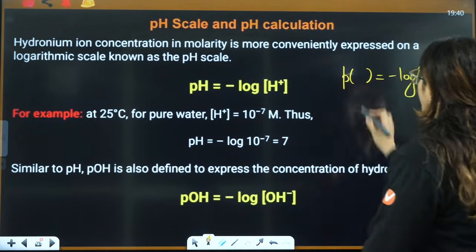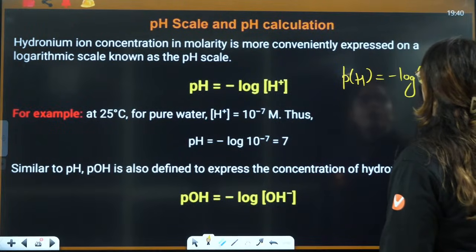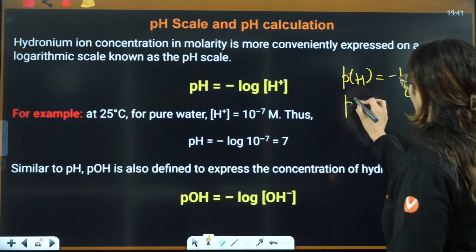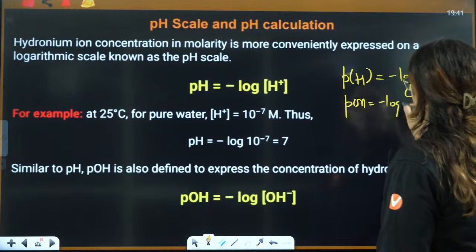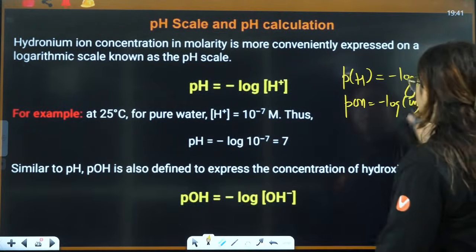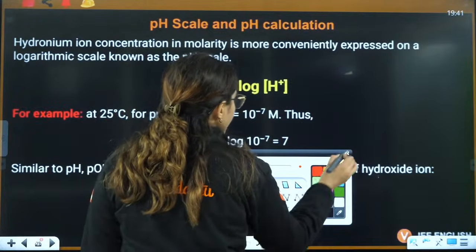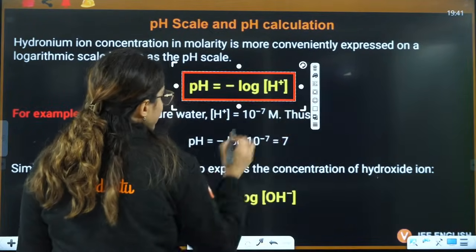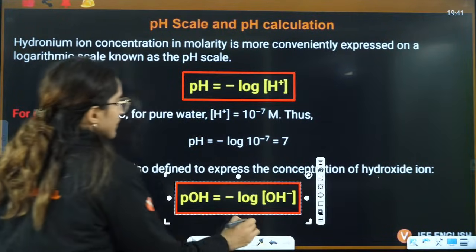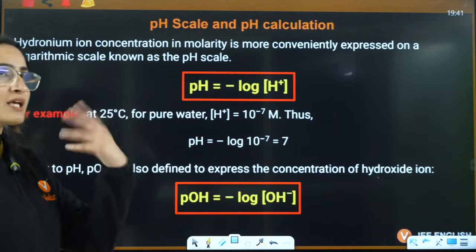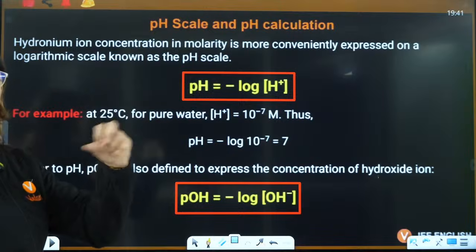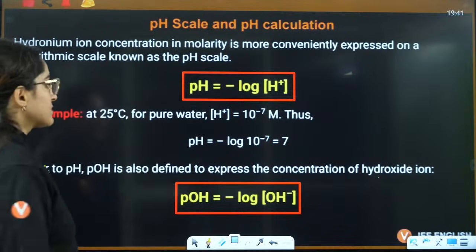Same thing. pH is equal to minus log of H positive ions. pOH is equal to minus log of OH negative ions. That is the same thing, right? These two are so simple that we have done before as well. Like you have pKa, pKb, similarly you have pH. P of anything is equal to minus log of that anything, as simple as that.